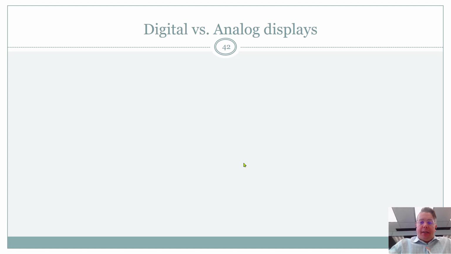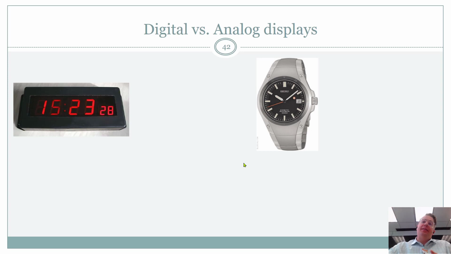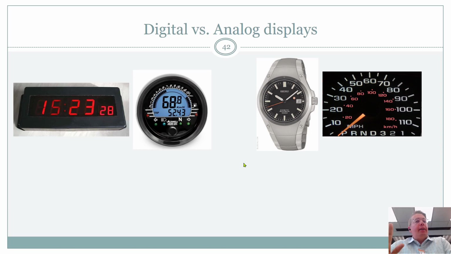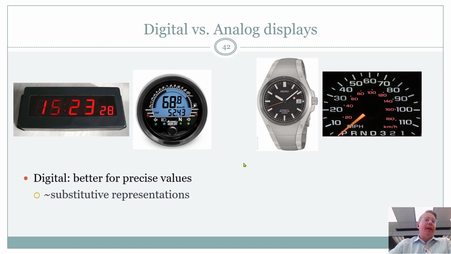Okay, last distinction I like to bring up here are the concepts of digital and analog displays. And this goes for more than just time. You can think of aircraft gauges going from the steam gauge times to glass cockpit, where now we've digitized the same data. Think about how each of these are particularly in the realm of additive versus substitutive processing.